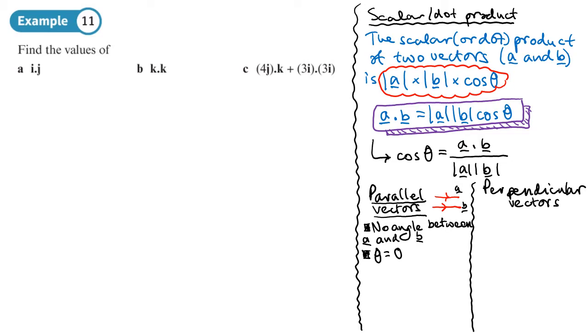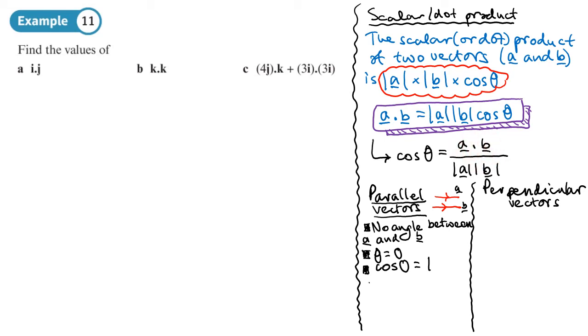Now if I look at the left hand side of the scalar product, I've got cos theta. Now what's cos 0? So cos 0 is 1. Now if cos 0 is 1, and I'm looking at this expression here, it means that the top part equals the bottom part.